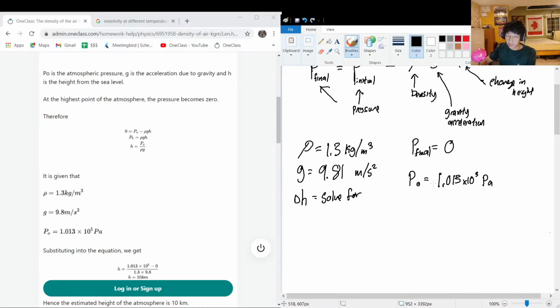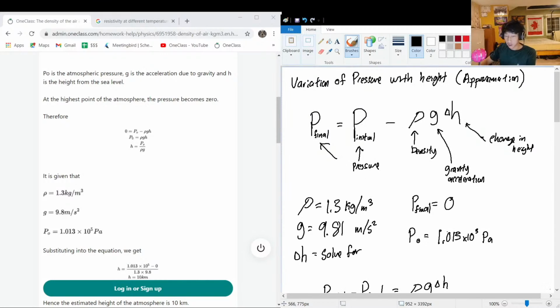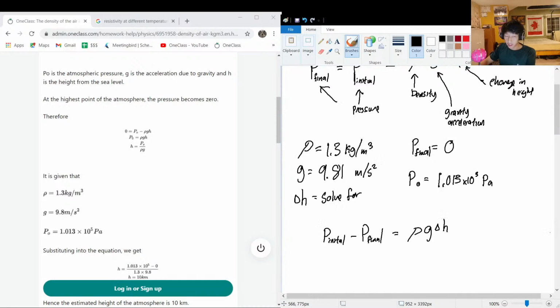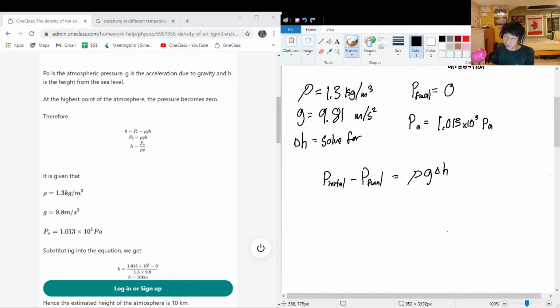So we have P initial minus P final equals density G delta H. We have to isolate H because that's the only thing we don't know.